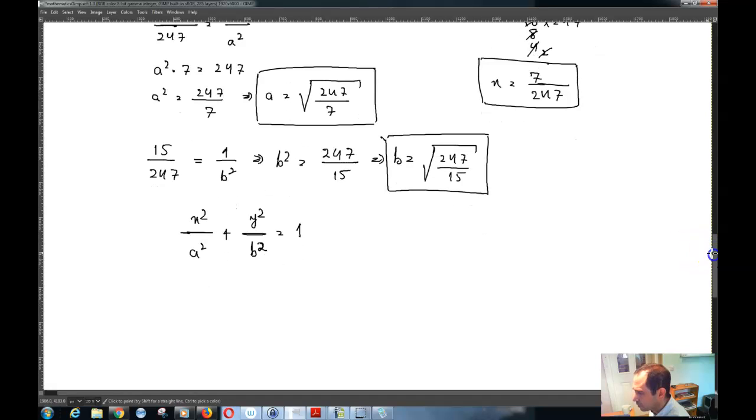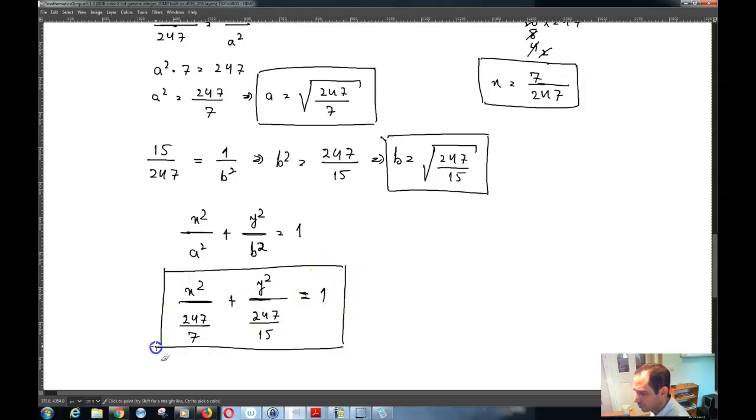So I can write x squared by 247 by 7, plus y squared by 247 by 15, is equal to 1. And that is the equation of your ellipse.